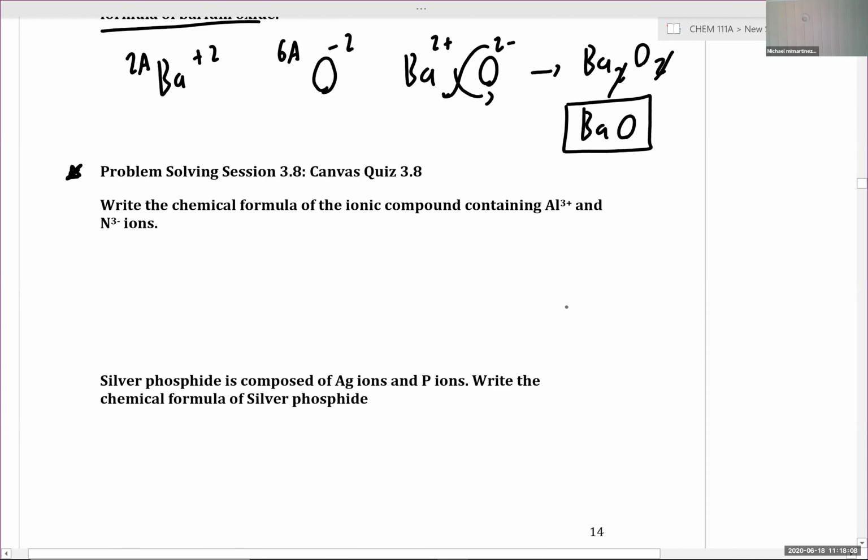If you have any questions about this process, don't be shy to message me in the chat or unmute to ask your question. Should we also have these ones done by tomorrow when all the quizzes are due? The quizzes are all due on Sunday. Okay. So we should have the ones from chapter 3 that we've been doing today done as well?